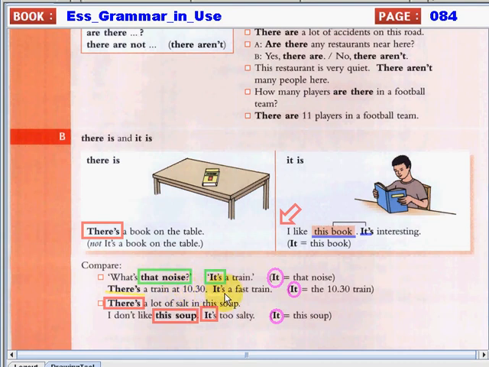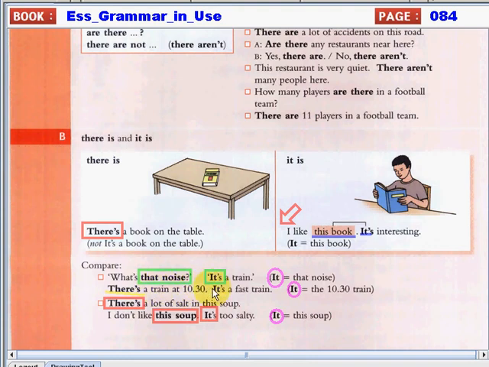The train is a fast train. It's wrong. We use train so many times. We just use there is because we are telling someone that there is a train at 10:30. So we can say that it's a fast train. We substitute it's for the 10:30 train.